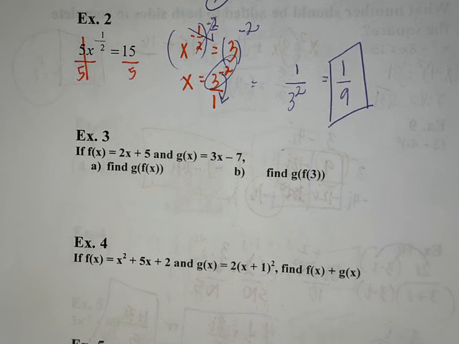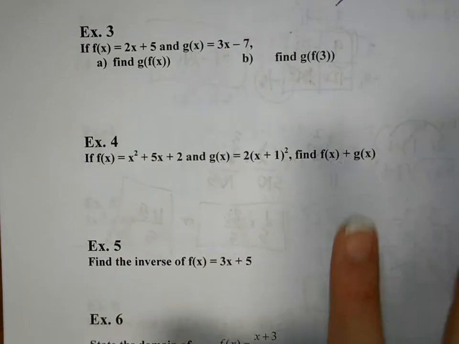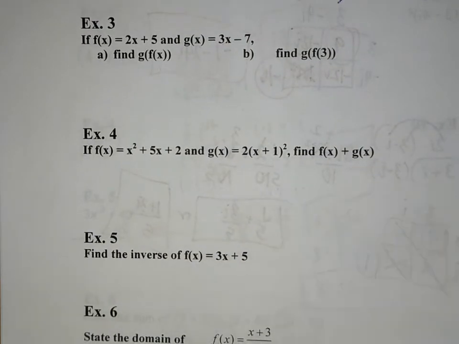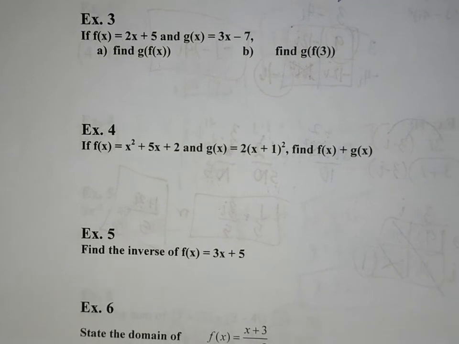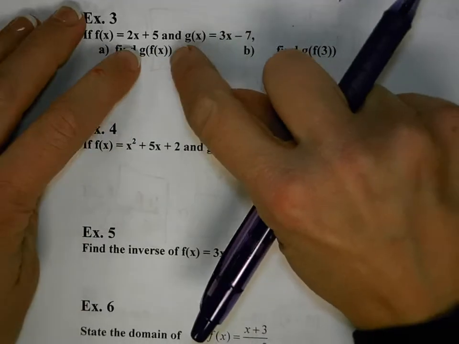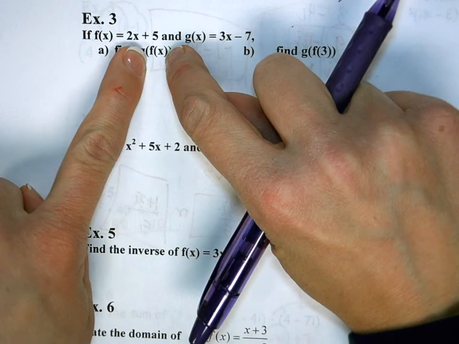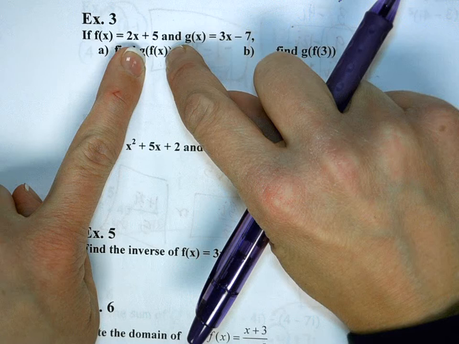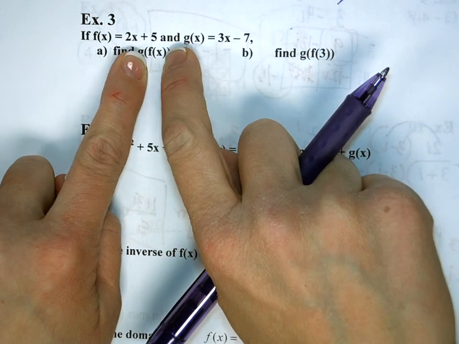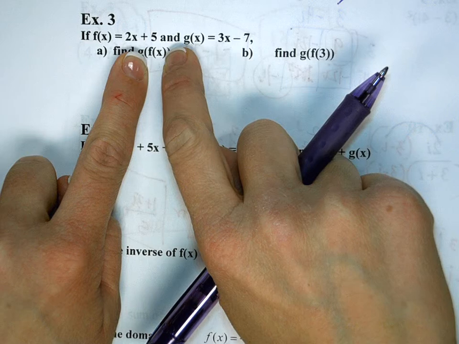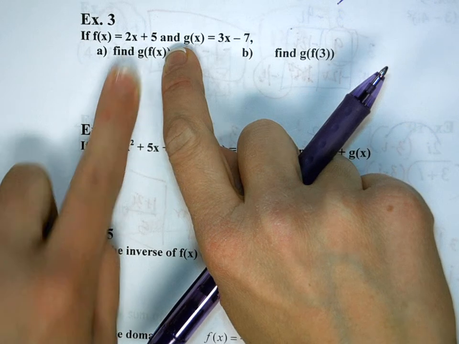Okay. Example 3. We have our f of x and our g of x. Okay, who remembers where we start? Good, your innermost parentheses. So they're saying find f of x. You're plugging x in for x in your f equation. So what is f of x? Good.